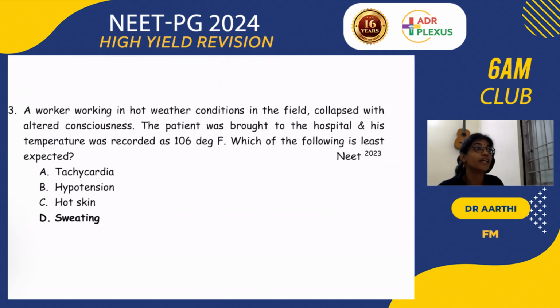A worker working in hot weather condition in a field collapsed with altered consciousness, and the temperature of the patient was 106 degree Fahrenheit, which is nothing but 41 degree Celsius, right? So when we talk about core body temperatures of 41 degrees Celsius, we are talking about heat stroke.